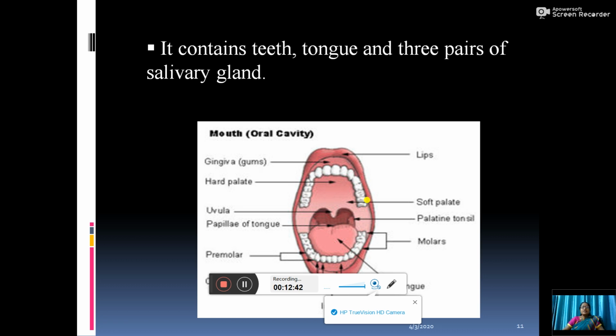You see that first is lips, and after that the structure of the teeth. And what are the types of teeth? That is incisor, canine, molar, premolar, and tongue. These are all in our buccal cavity.